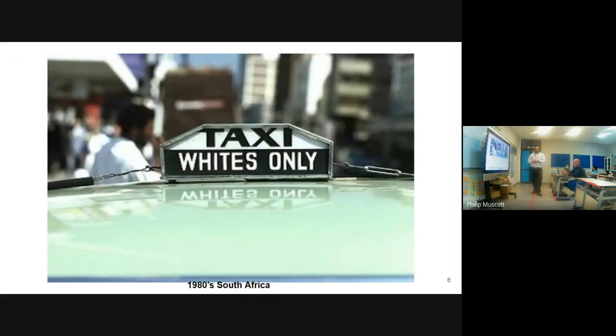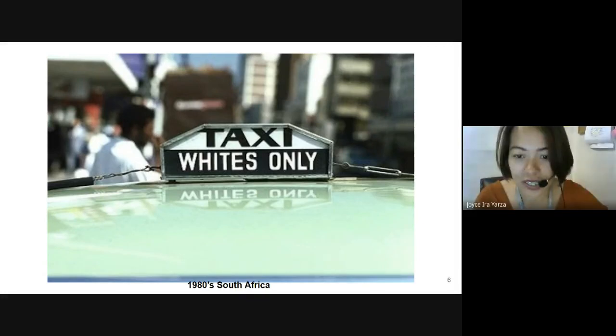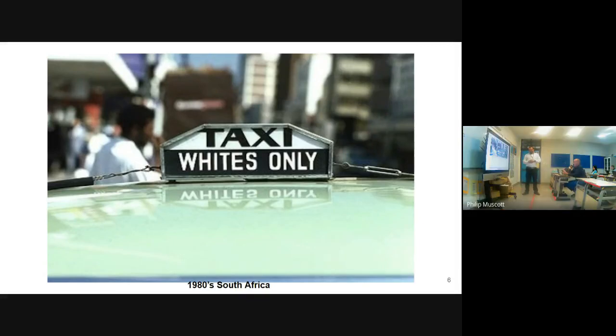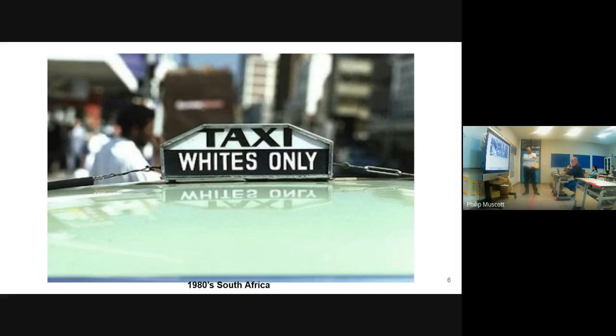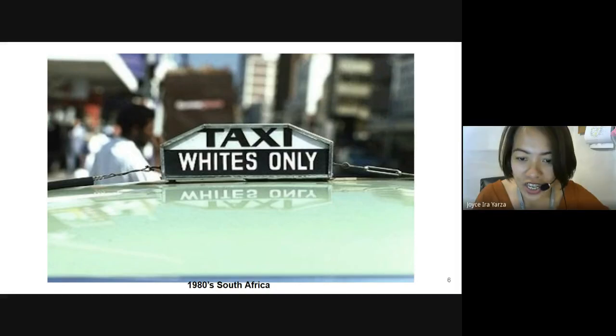All right, let's go back online. Joyce, what can you see? There is a taxi sign for white people only. Okay, where and when is this? It was taken in 1980 in South Africa.